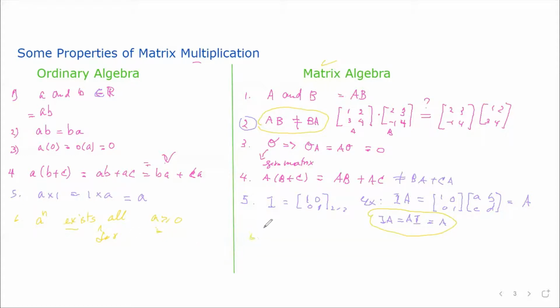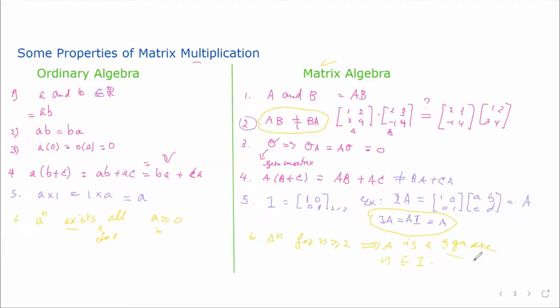But in the matrix ideas, in matrix A power n, for n greater than or equal to 2 can be determined provided A is what? A has to be a square matrix and n belongs to the integers. Okay, so they have their own conditions in this case.